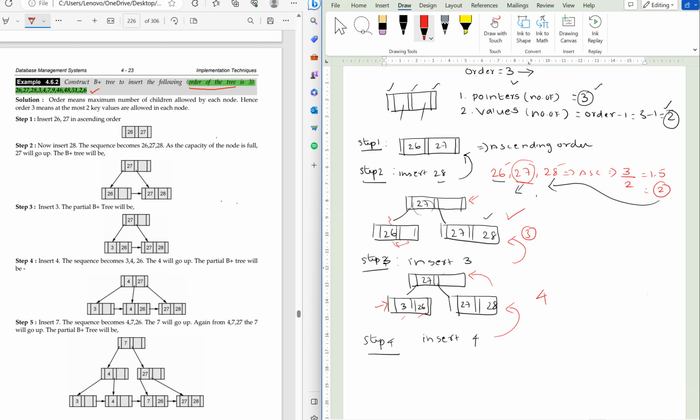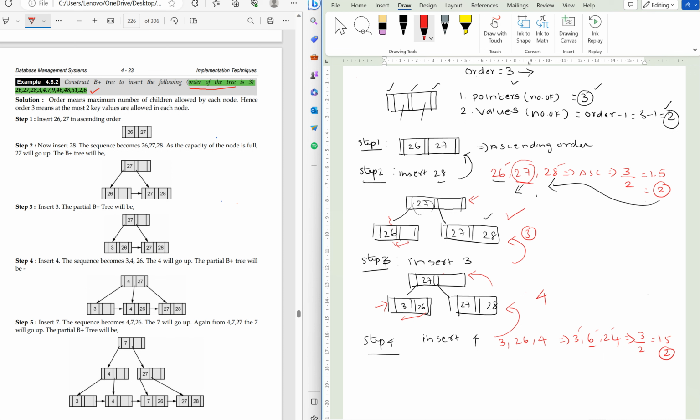These 3 values, that is 3, 26 and 4, are taken and arranged in ascending order, that is 3, 4 and 26. The total number of elements is 3, so the number of elements divided by 2 equals 1.5. Again it comes to 2, and this 2 represents the element in the second position.